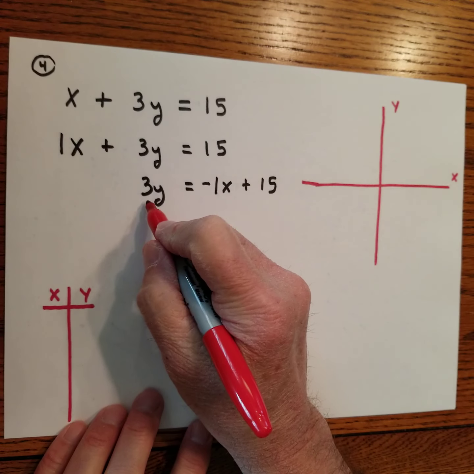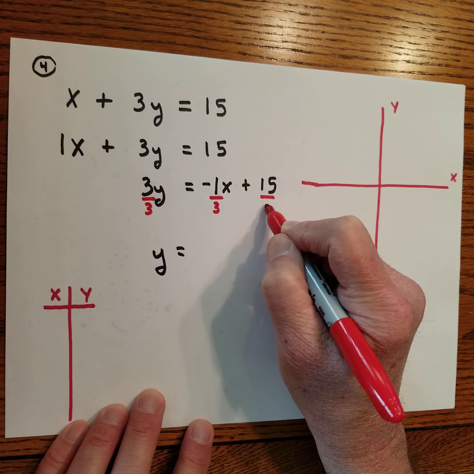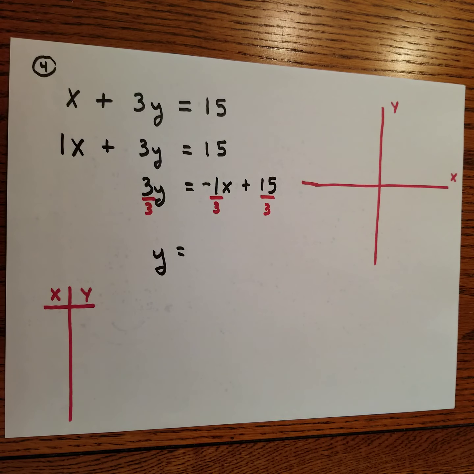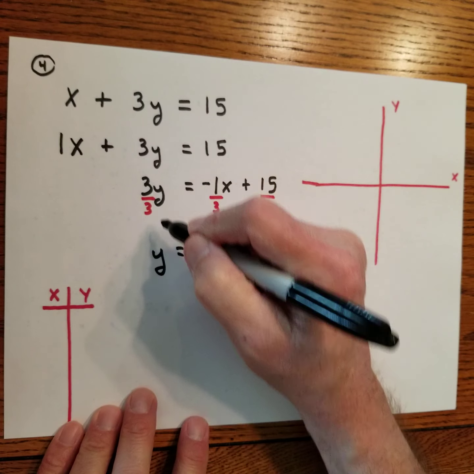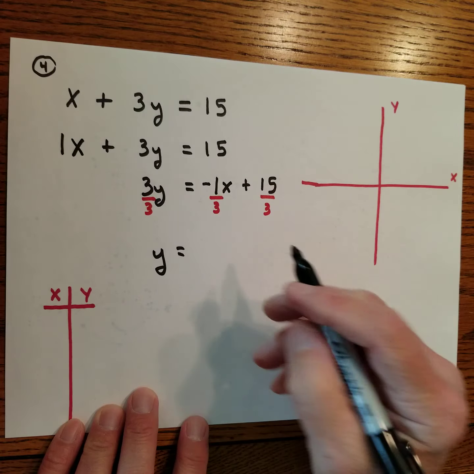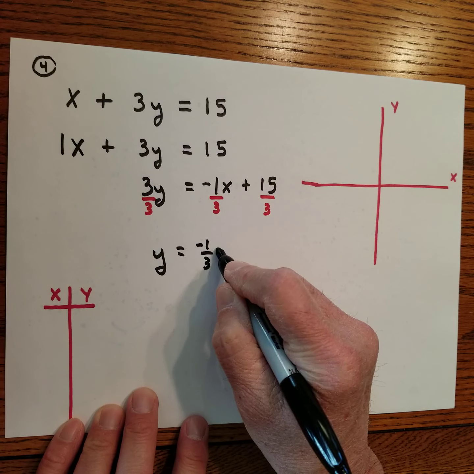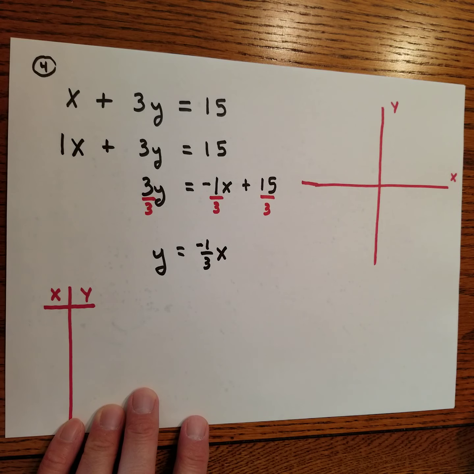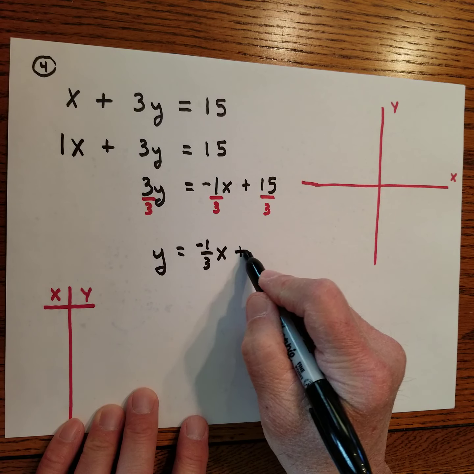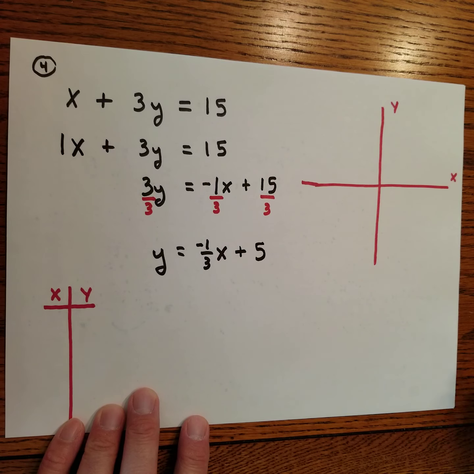Now get y by itself by dividing by 3. Three divided by 3 is 1. Negative 1 divided by 3, well, I can't divide negative 1 by 3 very nicely, so I'll just leave it as negative 1 divided by 3x. 15 divided by 3, that's 5.